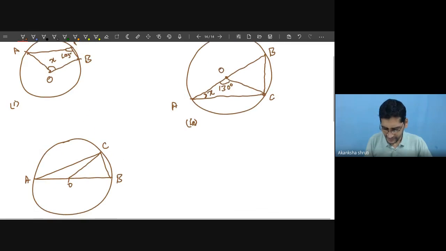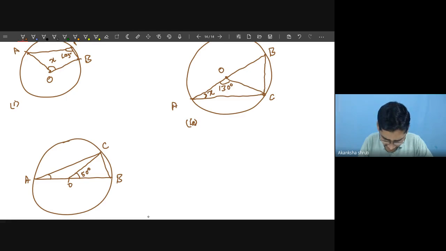If you are given this angle, this time let me take this angle as 50 degrees. Then you have to find all the other angles.